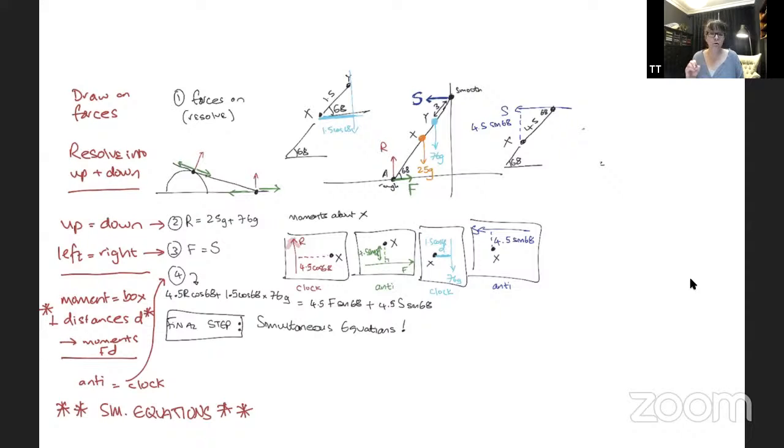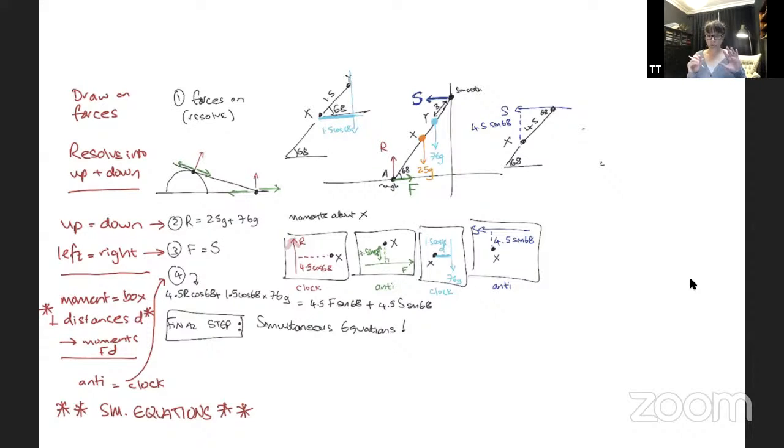So in this one, we've got 3 equations to do simultaneous equations on. We've got that one, and this one. So we end up with an equation here, and an equation here. And we're trying to do simultaneous equations on all 3 to find out the missing information.